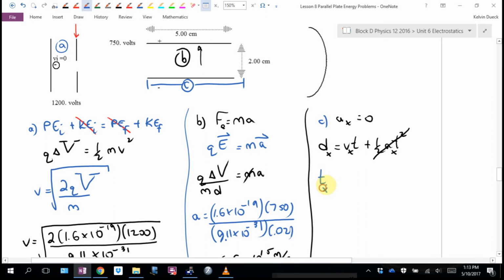The time to go horizontally is going to be the horizontal distance divided by the horizontal velocity. What is the horizontal distance? Please read carefully. Thank you, 0.05. What is the horizontal velocity or speed? No, otherwise it wouldn't be going anywhere.